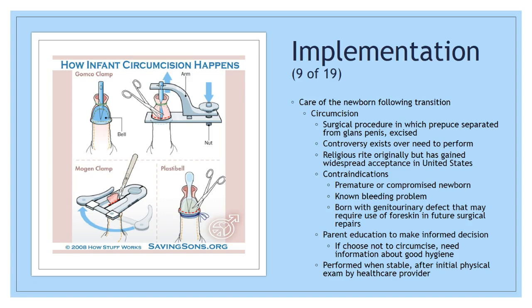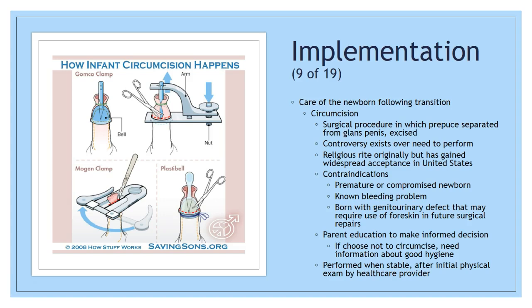There are some religious and cultural sects that do not want this done. Jewish individuals are circumcised by a rabbi and not at the hospital. It's gained a lot of acceptance in the United States, and so it's a very westernized type of procedure, and it's become pretty normal.